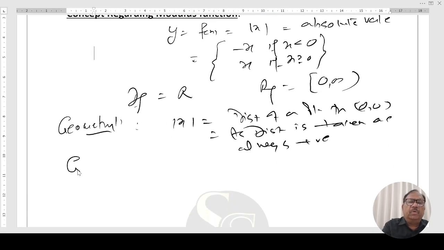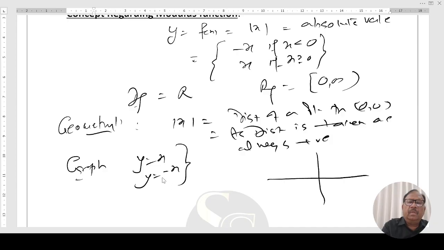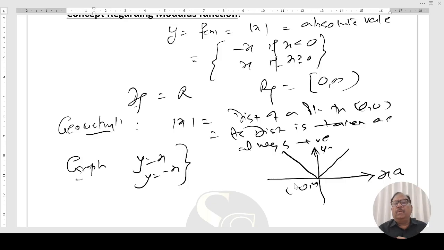Graph of the absolute function: one line is y equals x, one line is y equals minus x, and y will not be negative. One line goes this way, one goes that way. This is the absolute function, with the x-axis, the y-axis and the origin.